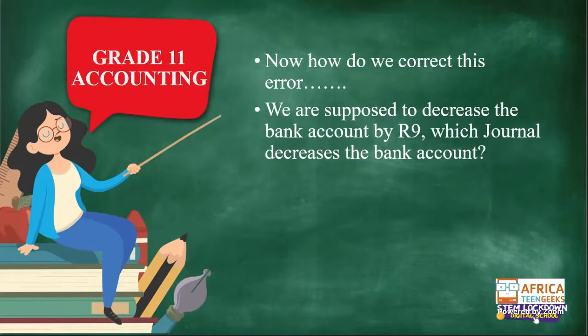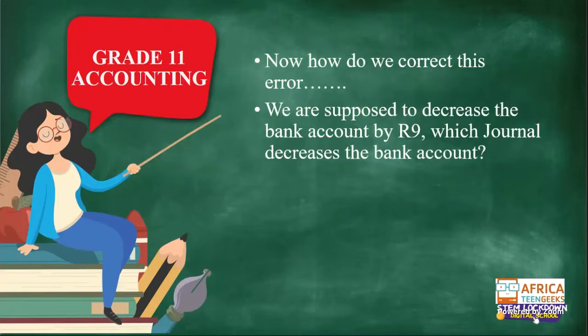We were supposed to increase it by 45 rands. So to correct it, to take these 54 rands back to 45 rands, we must subtract this 9 rand, right? When subtracting this 9 rand, we are decreasing the bank balance by how much? By 9 rand, right? I hope you guys understand that. We are decreasing our bank account by 9 rand.